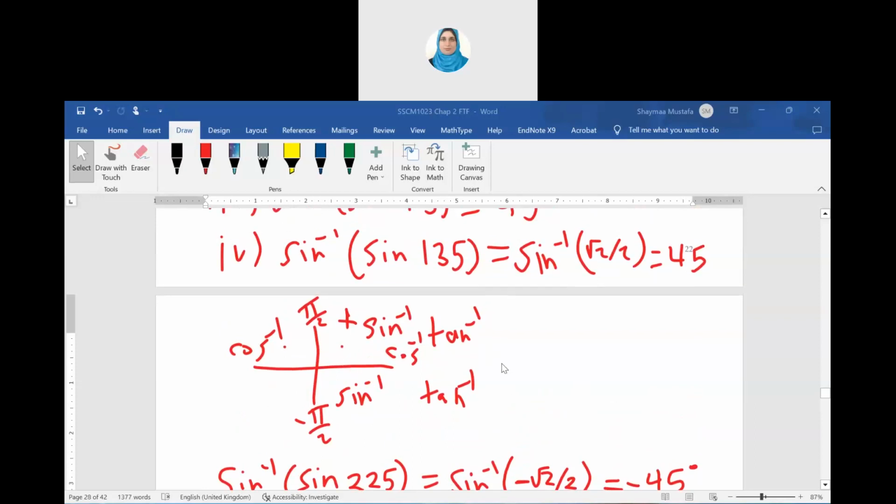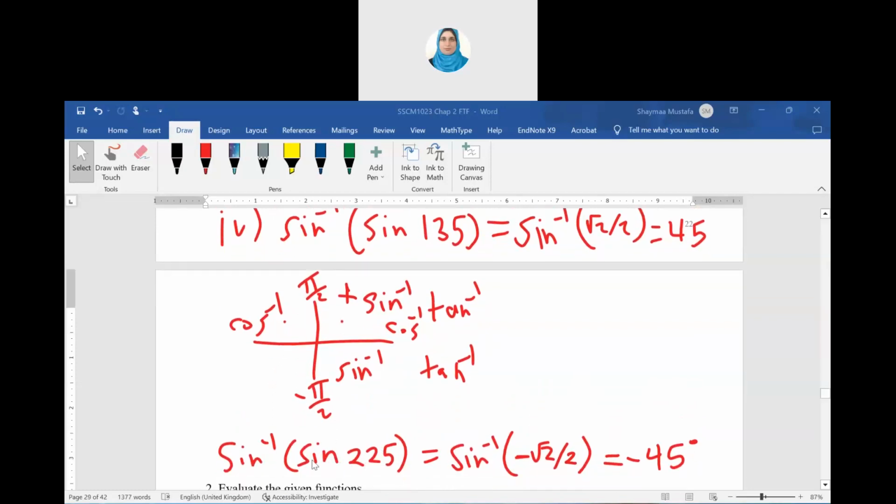Similarly, if you calculate tan inverse of a tan value, you need to calculate inside the brackets first. If it is positive, take your angle from the first quadrant. If negative, take your angle from the last quadrant, for sine inverse and tan inverse. For cos inverse, calculate the cosine inside first, and then look at the result.